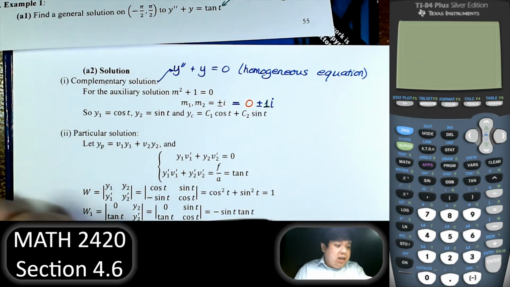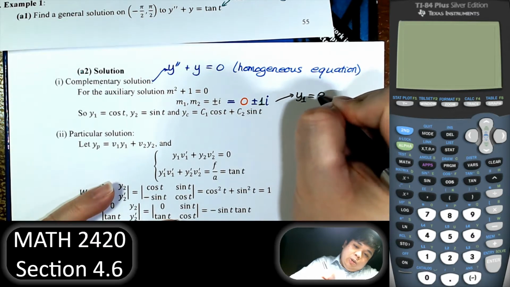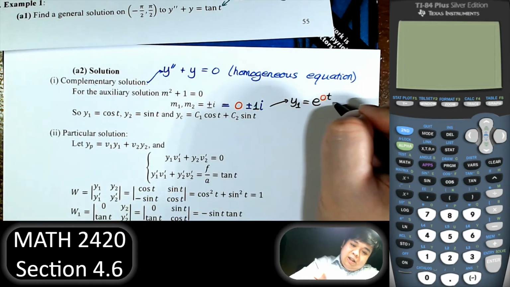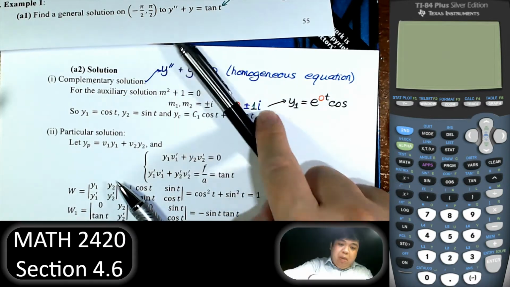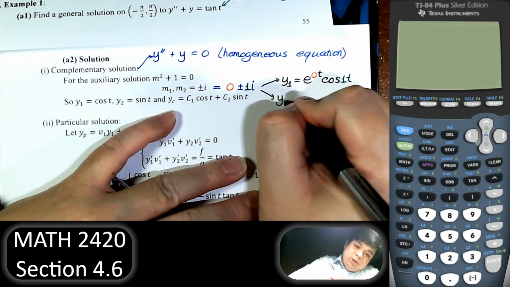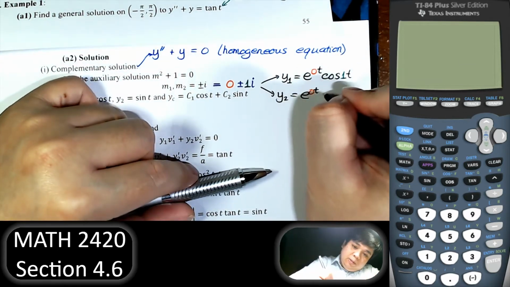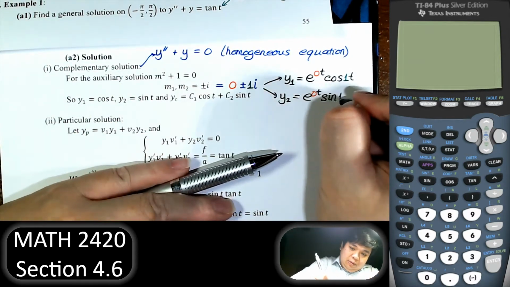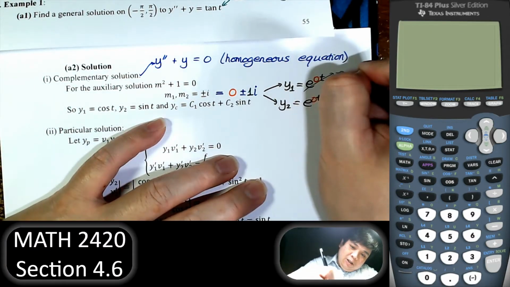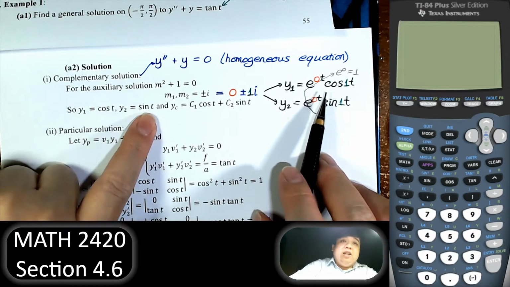Now, because it is in imaginary form like that, the solution will be y1 is equal to e to the alpha t cosine of beta t, and y2 similar, but it is sine instead of cosine. e to the 0 power is 1, so we just have cosine and sine.